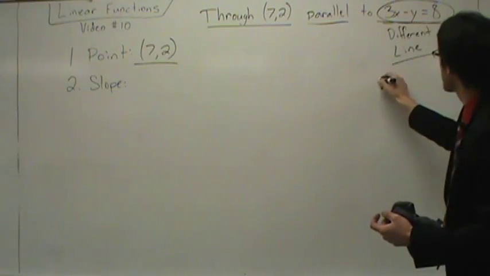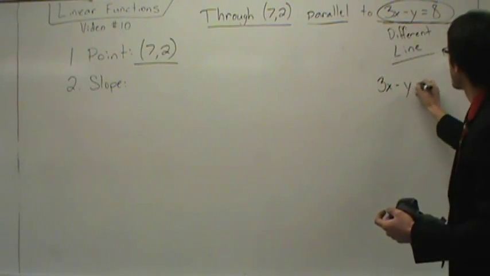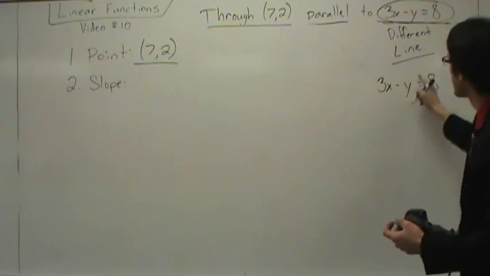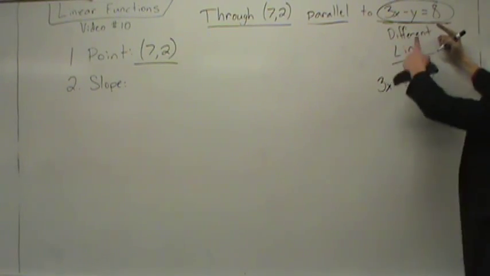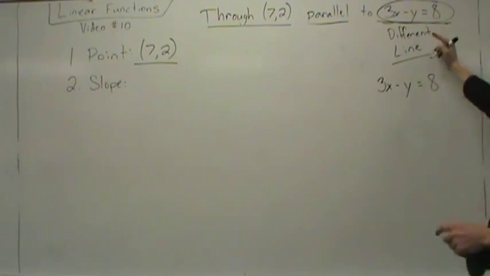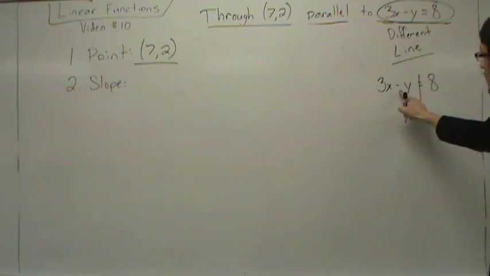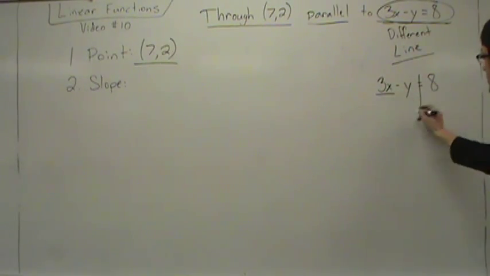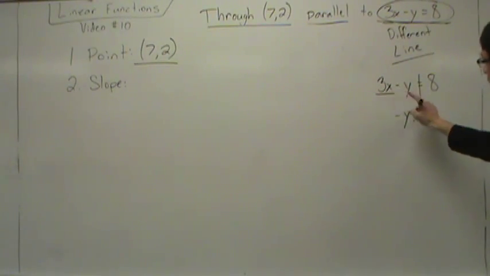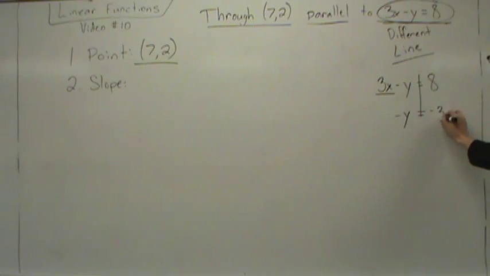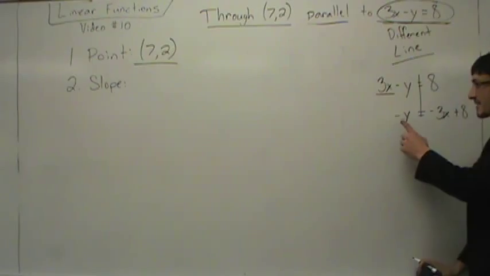So we're going to take 3x minus y equals 8, the standard form of this other line, and convert it to slope-intercept form. We're going to isolate y, get y by itself. We take the 3x and move it to the other side. We have negative y equals, be careful, there's a negative in front of y, negative 3x, and we already have a positive 8 over here. Now we have to get y by itself, so we have to get rid of the negative.